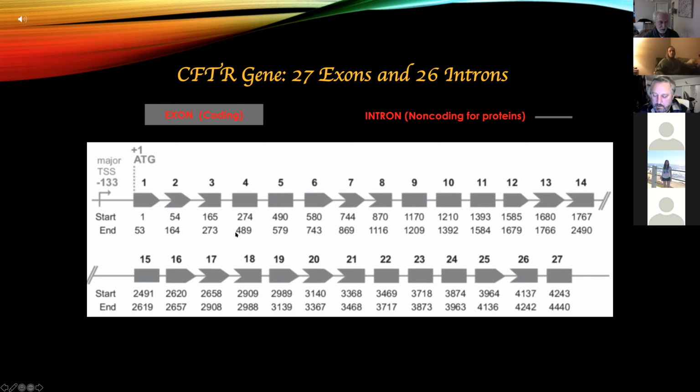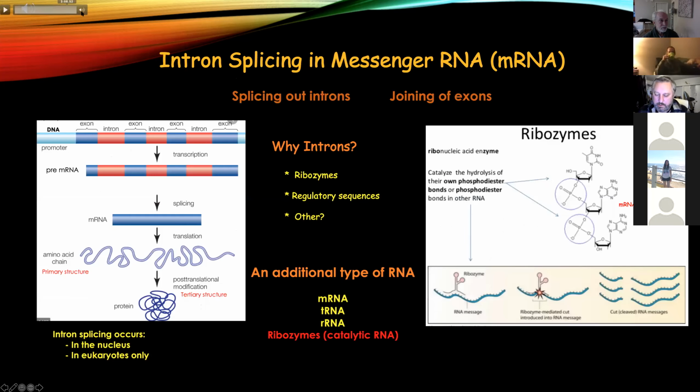So why? What's the significance of introns? Because they're spliced out. Intron splicing in messenger RNA. If you look to the left, you can see a DNA strand with the exons in blue, the introns in red.